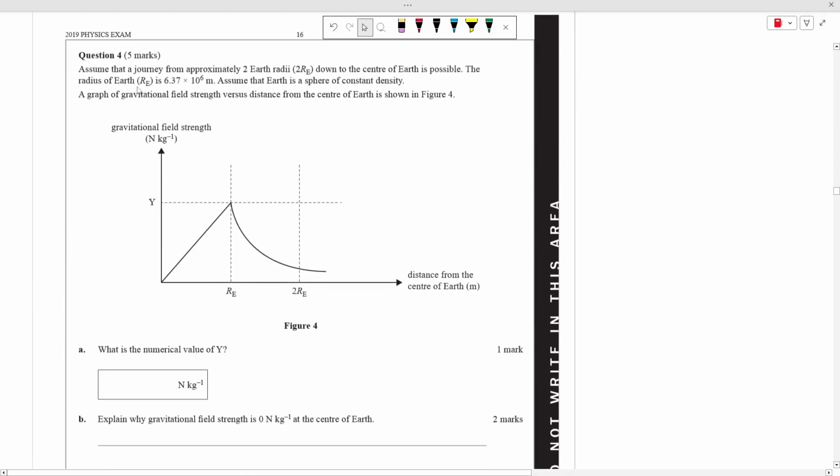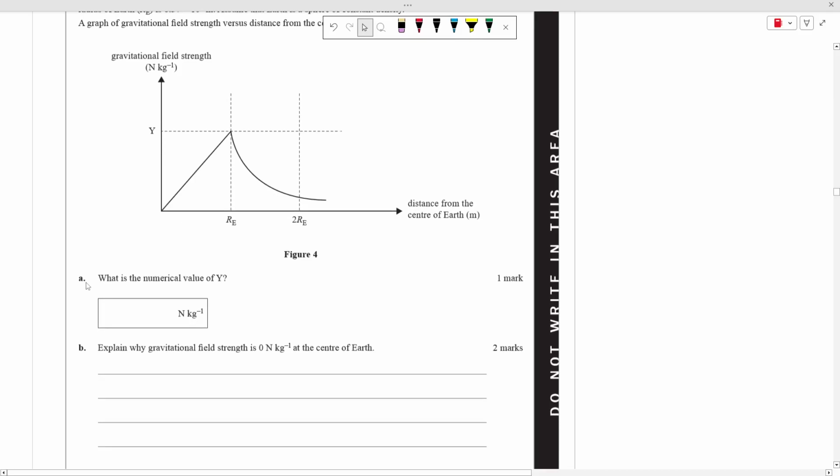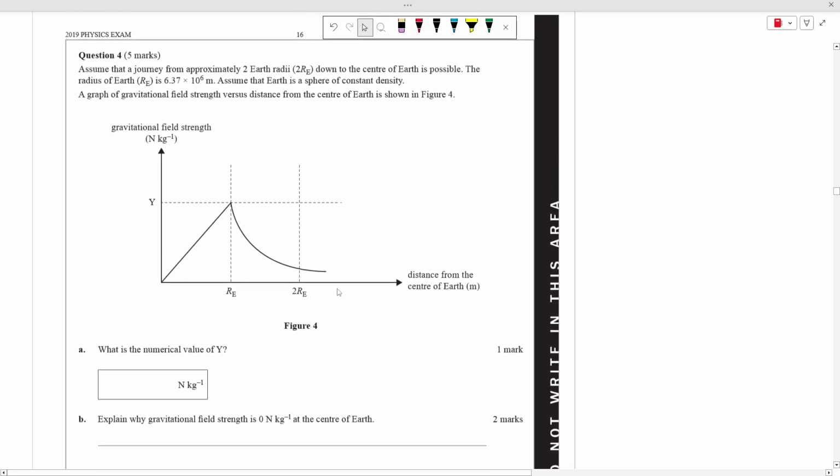Question 4. Assume that a journey from approximately 2 Earth radii down to the center of Earth is possible. The radius of Earth R_E is 6.37 times 10 to the 6 meters. Assume that Earth is a sphere of constant density. A graph of gravitational field strength versus distance from the center of Earth is shown in figure 4. What is the numerical value of y?